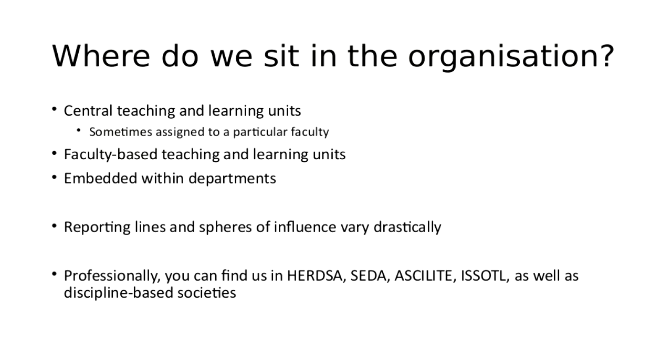So basically, we are all over the show, and where we sit in the organization determines to a large extent where we can have influence. In my case, I can quite easily influence people because I'm relatively close to the top table. And I'm also located at central instead of in a department.